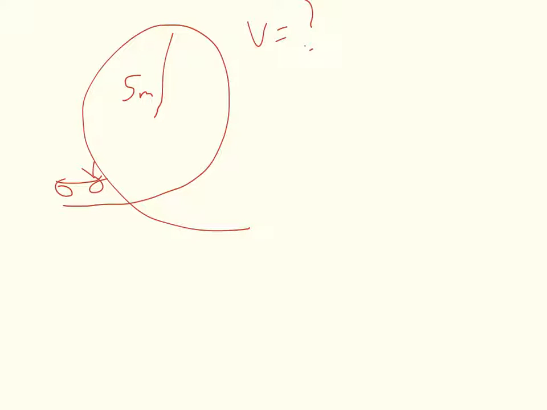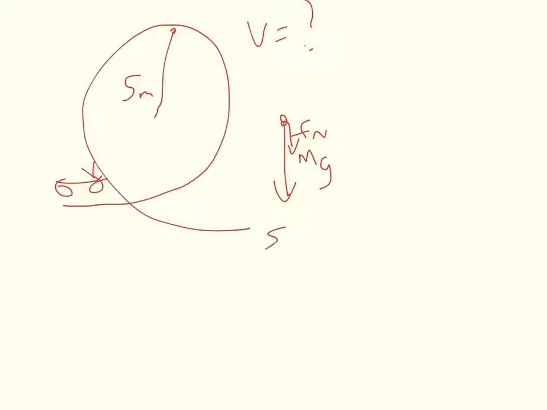Well, we can do a net force, or a free body diagram, at the top here. So at the top of the circle, we have gravity pulling downward, the weight, and at this moment, there's also normal force pushing down. And so we're going to write a net force equation for this.